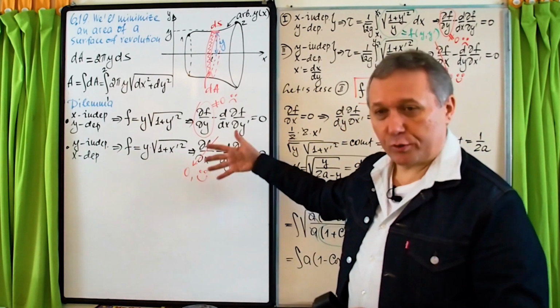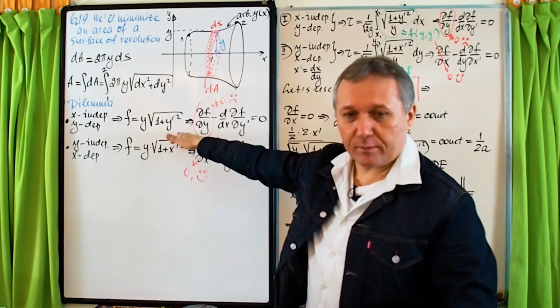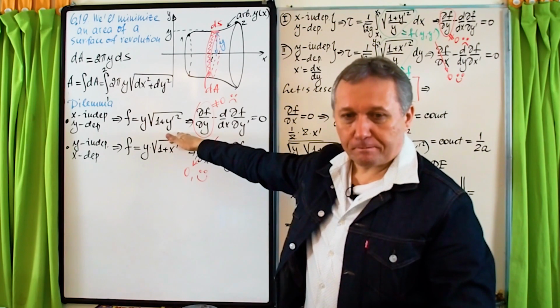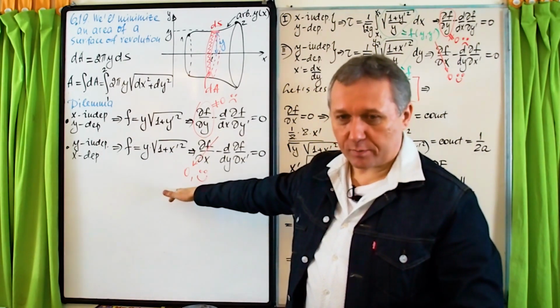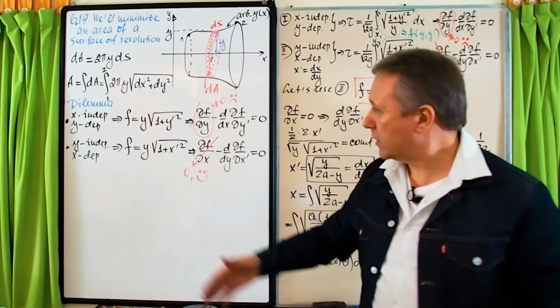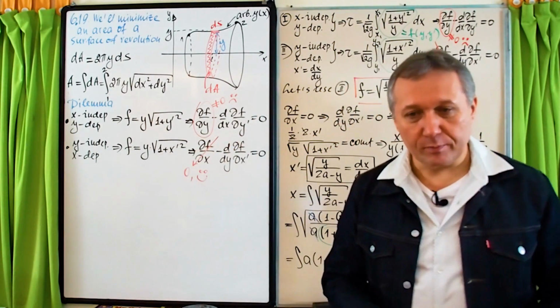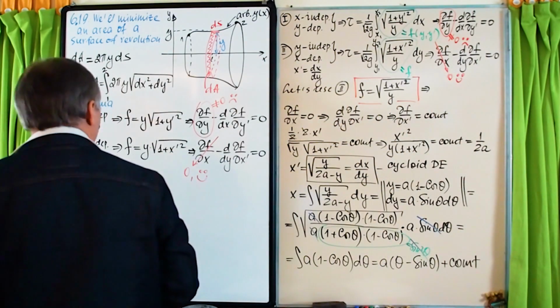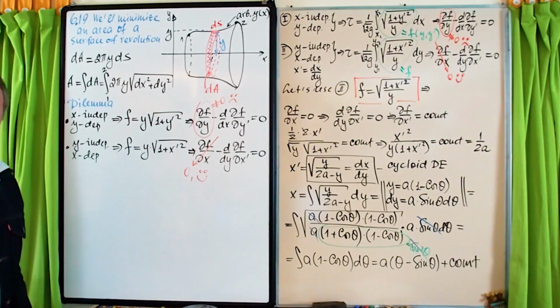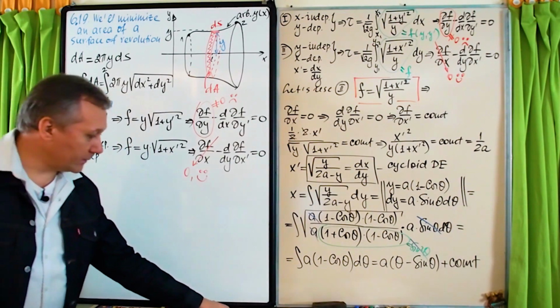If you want to torture yourself, okay, go ahead with x being independent. This approach is probably 4 times shorter. It took me like a quarter of a page to solve this problem, right? But of course, the other way, pretty much the whole page, the way I write. Okay, so that will be your homework.